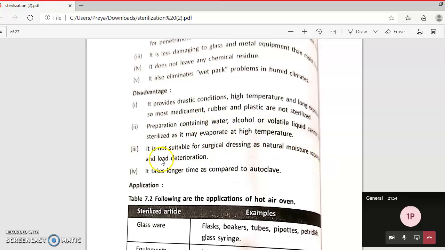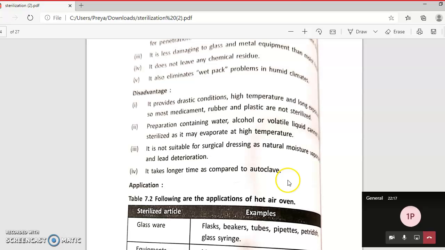So we cannot sterilize all this by hot air oven, because they have natural moisture vapors and this leads to deterioration. That means they lose the complete moisture from the dressing materials, and the material becomes brittle and loses its texture.